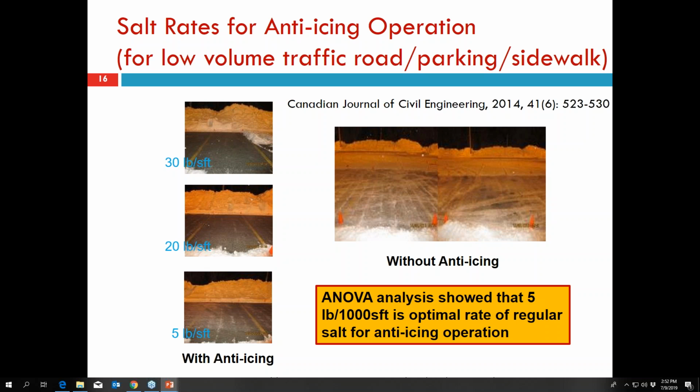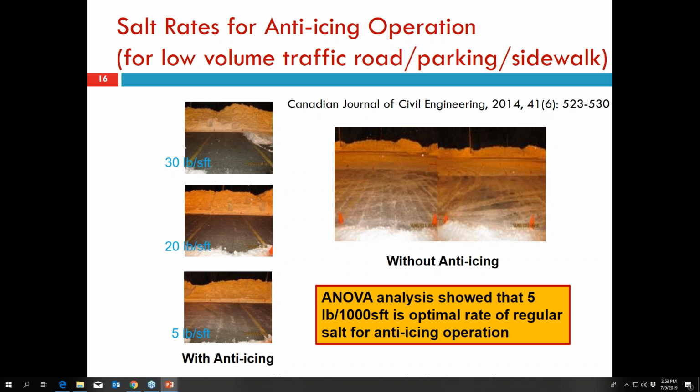And we found that for parking lot or low volume traffic road, 5 pounds per 1,000 square feet is enough. I'm sorry, all the units will be 5 pounds per 1,000 square feet, not 5 pounds per square feet. That's too much. I'm sorry for the typos in the picture, but it's corrected in the box.